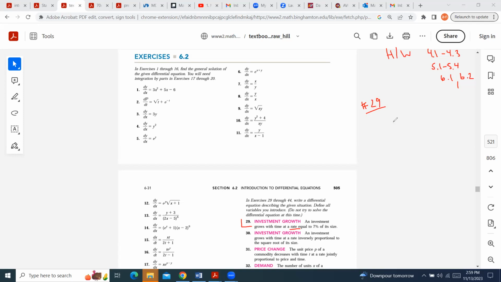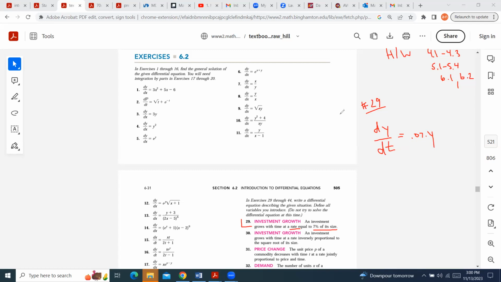So in exercise 29, we're talking about derivatives. So let's say the derivative dy over dt, with respect to time, that's the same as y prime. So the rate dy over dt is equal to 7% of its size. So 7% is 0.07. And the size is, well, that's the amount. So if your amount is y, then 0.07 times y.